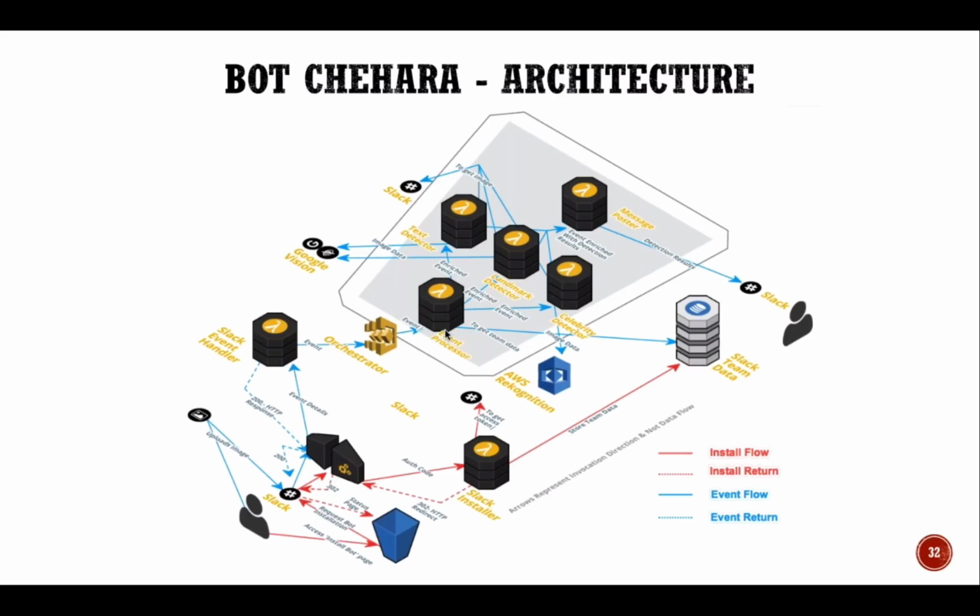Once you do that, Slack will send an authorization code to your application that's running, in this particular case, on AWS. And then from there, it will take the temporary code, go to Slack, get a permanent access token, and information regarding your team's workspace, basically team data, and store that in Amazon DynamoDB.